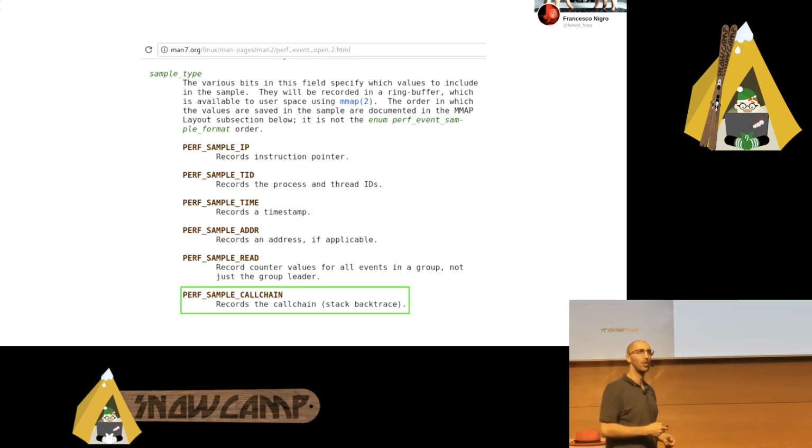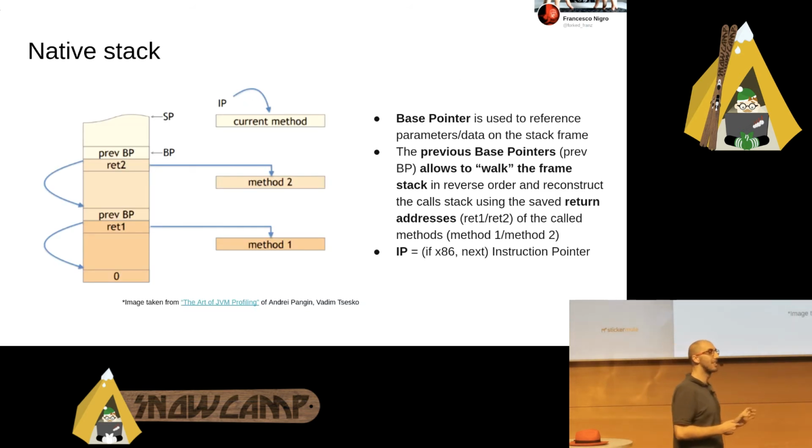But Java call stack, let's dig together how it works, creating a call stack. It's very old-fashioned, old-school stuff. We have three registers. One is the instruction pointer that tells you the next instruction of your program that will be executed.